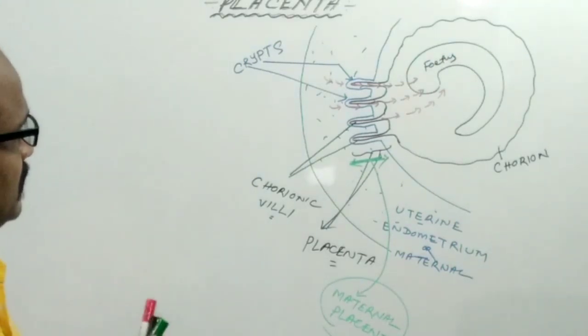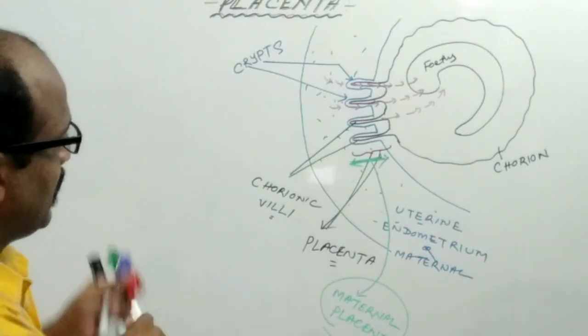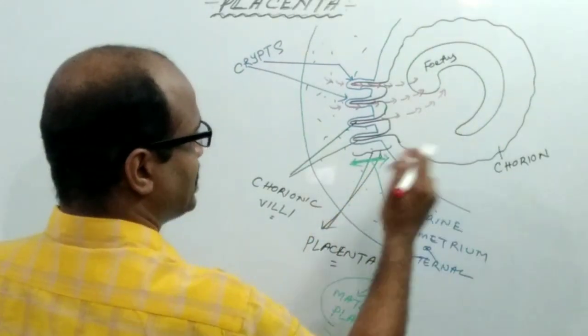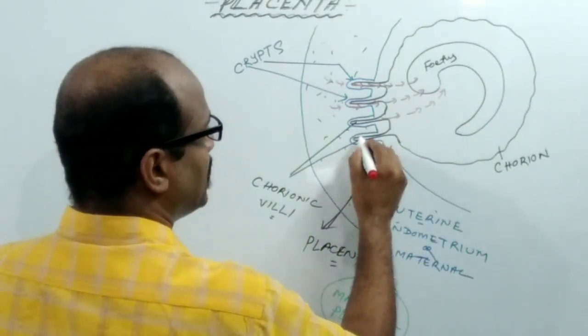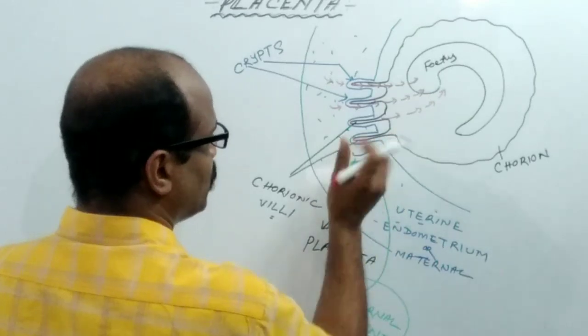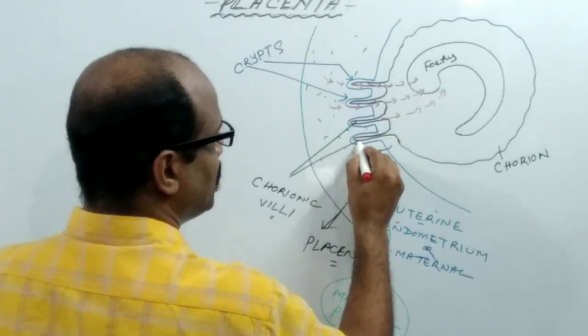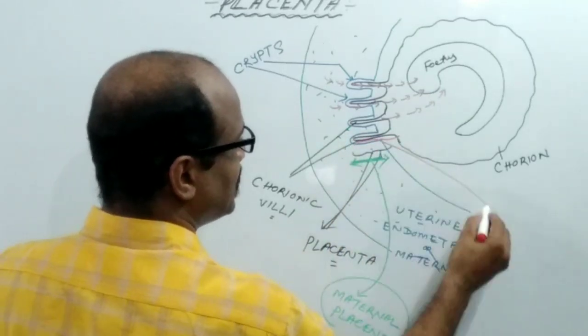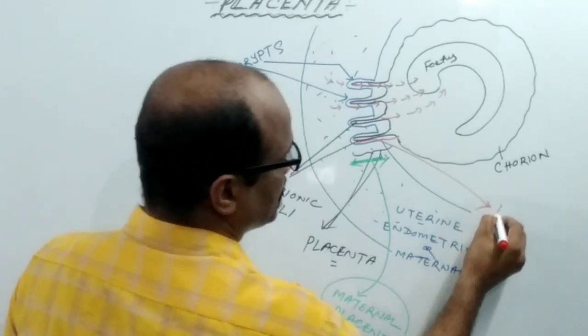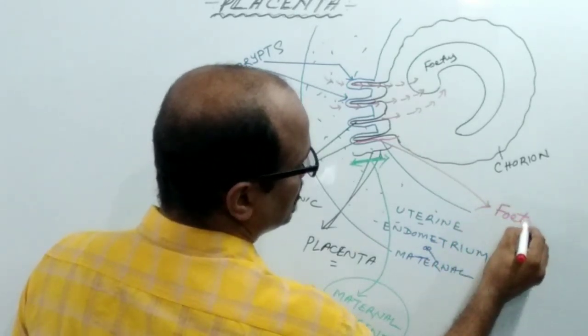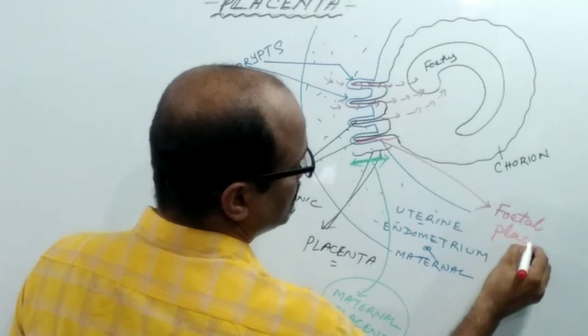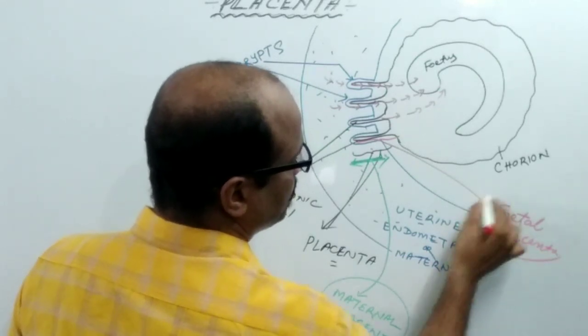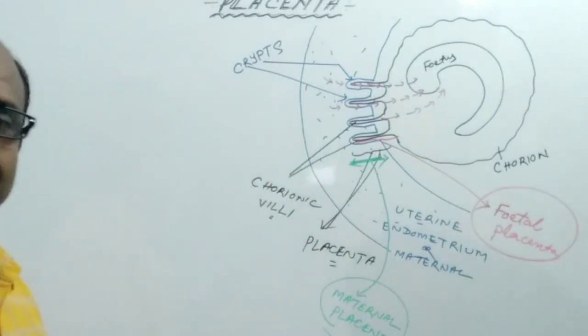And the part of the placenta derived from the fetus is known as the fetal placenta. So what is placenta?